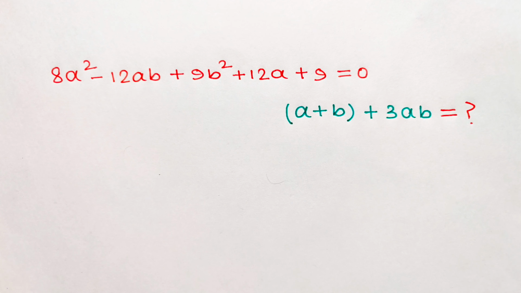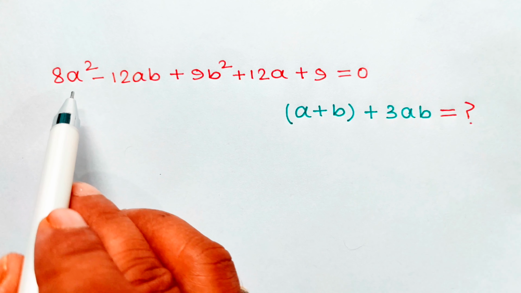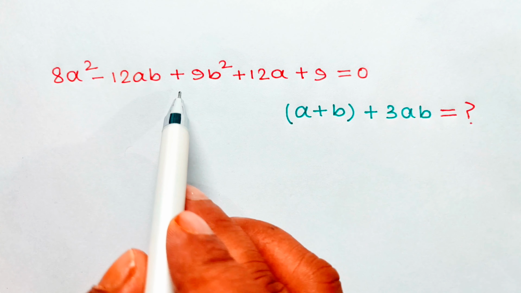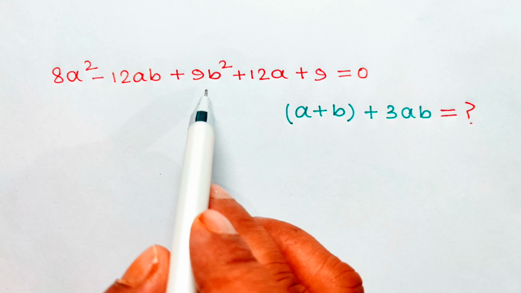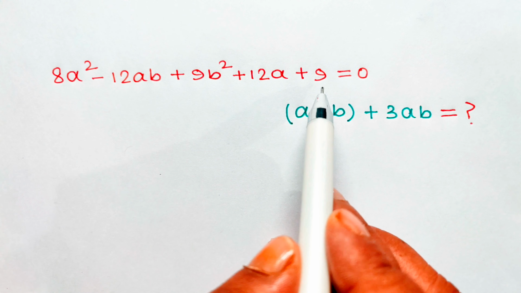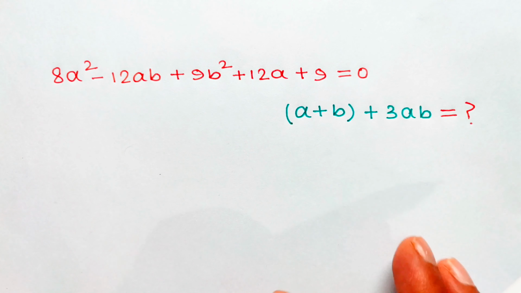Hello everyone, in this video we have been given 8a² − 12ab + 9b² + 12a + 9 = 0.